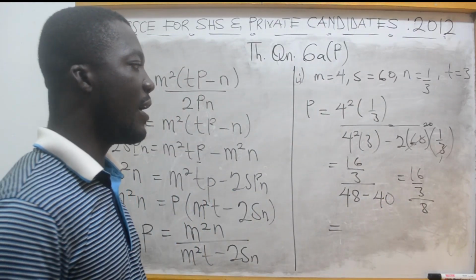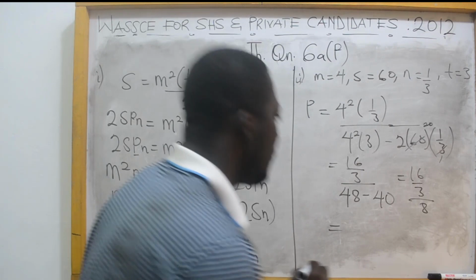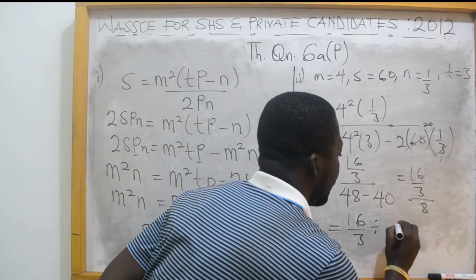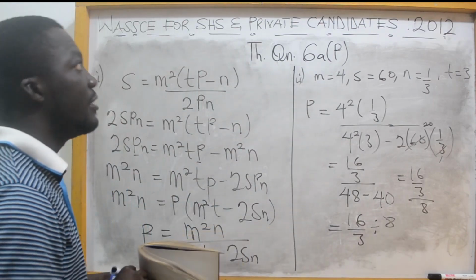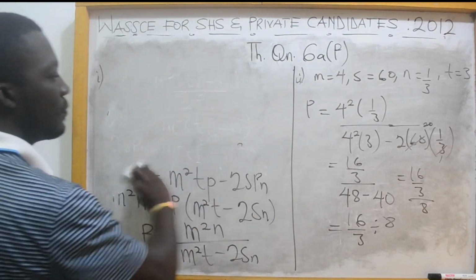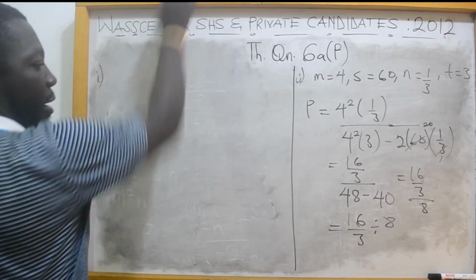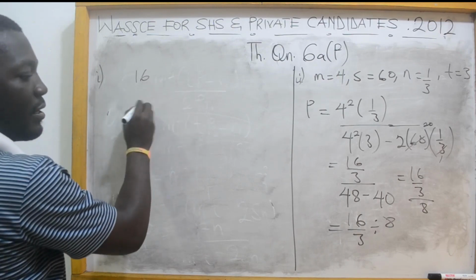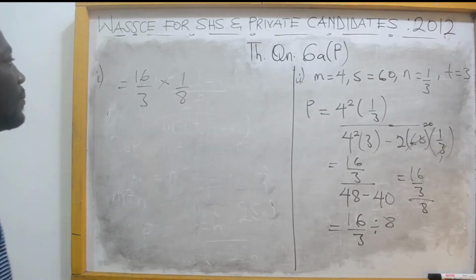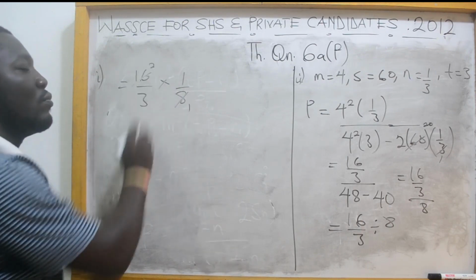So when you have 16 over 3 divided by 8, it can change to 16 over 3 times 1/8. 8 can cancel itself once. 8 goes into 16 is 2.